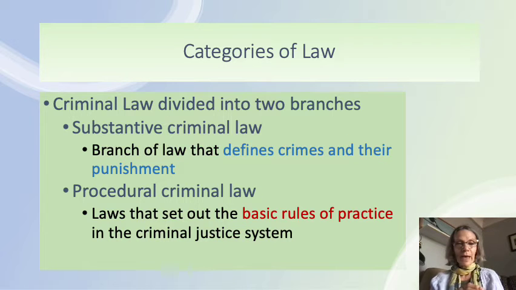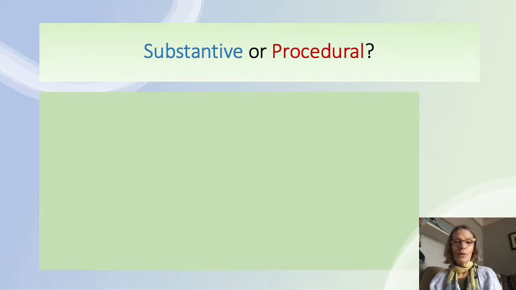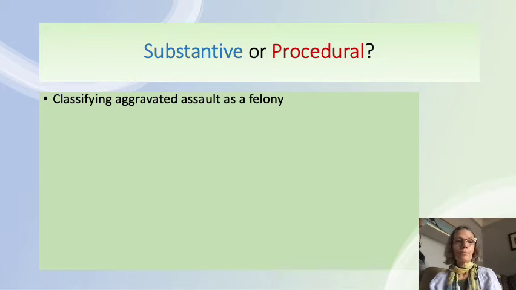So let's take a look at different examples, and you tell me whether or not these examples fall in the category of substantive criminal law or procedural criminal law. All right, so let's test your knowledge of the difference. The first one is classifying aggravated assault as a felony.